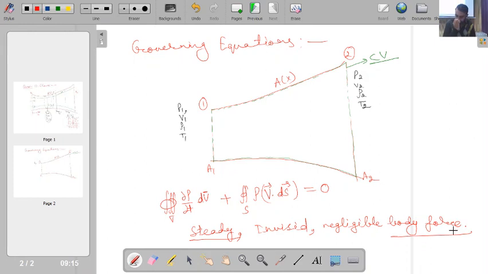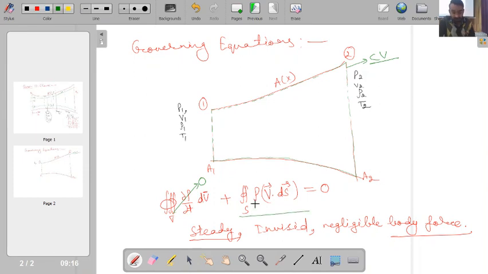These are the three assumptions we impose. Inviscid and negligible body force parameters come into our momentum equation. If I impose the steady flow assumption, then the volume integral becomes 0, so del rho by del t becomes 0. Ultimately I have to calculate the surface integral.